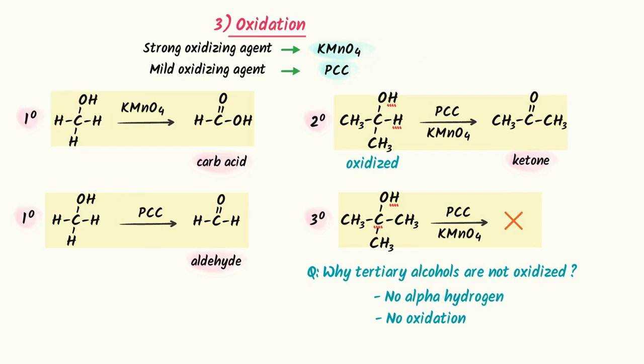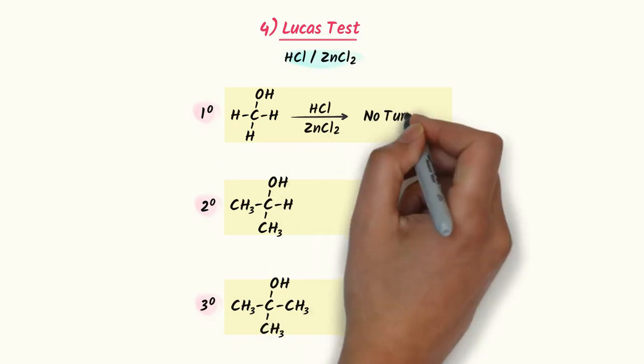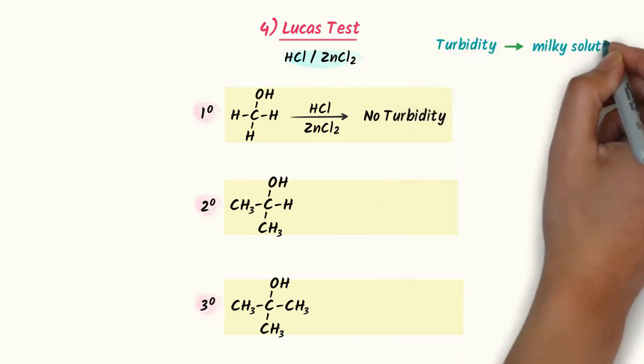The last three reactions of alcohols are Lucas test. In Lucas test, we use HCl plus zinc chloride. For example, consider 1-degree, 2-degree and 3-degree alcohols. If you add HCl plus zinc chloride to 1-degree alcohol, no turbidity is formed. By turbidity, I mean solution becomes milky.